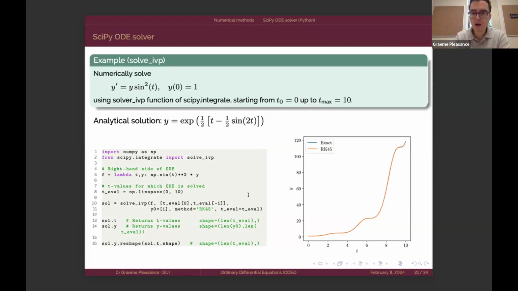If you run this, it basically solves this ODE. The thing to point out is that as an output, it provides you with the t values that you specify it to solve for, in this case the times contained in this array, and also obviously the solved values of y.